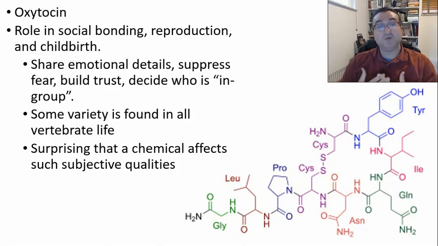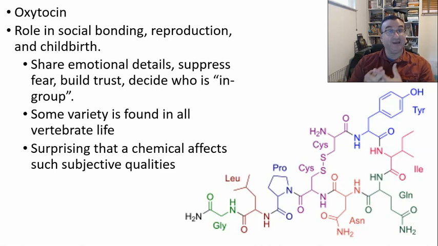Oxytocin also plays a role in social bonding, reproduction, and childbirth. And so it's a protein made of amino acids. It's an awfully small protein with only 9 amino acids, but it's very interesting that this is a chemical that affects subjective or abstract qualities of life, such as emotional trust and suppressing fear and deciding who you're friends with and who is family.